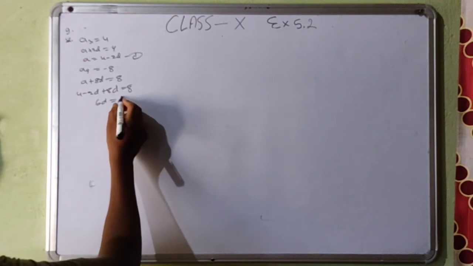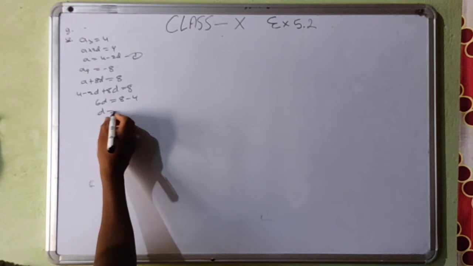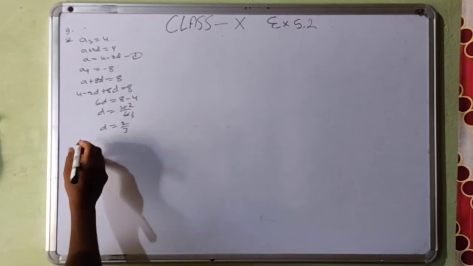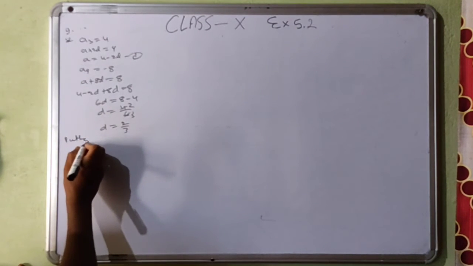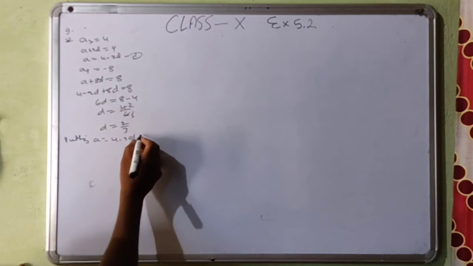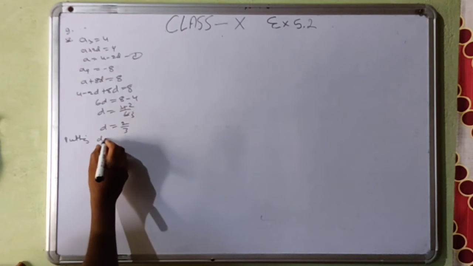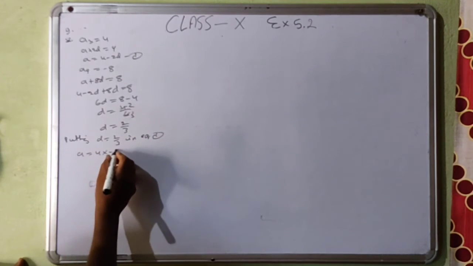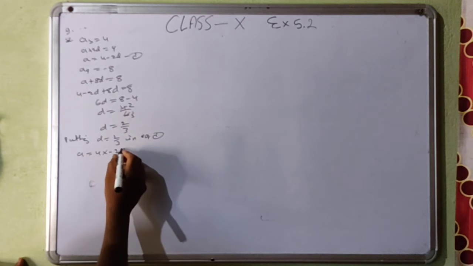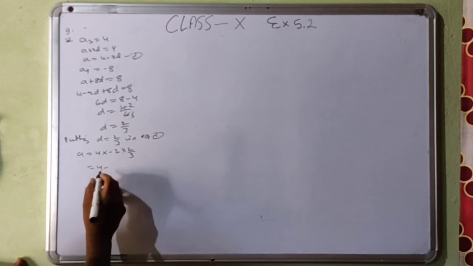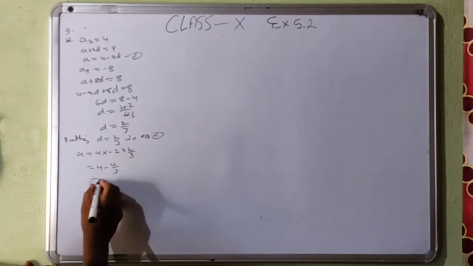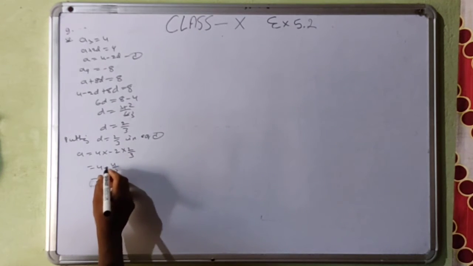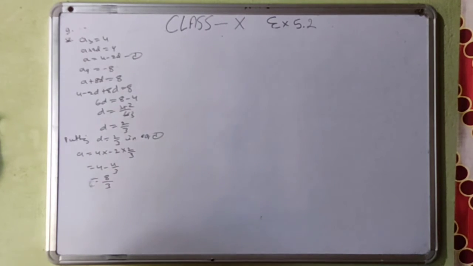So 6D is equal to minus 8 minus 4, so D is equal to minus 12 upon 6, so D is equal to minus 2. Putting D into A is equal to 4 minus 2D in the first equation, so A is equal to 4 minus 2 multiplied by minus 2, so A is equal to 8.